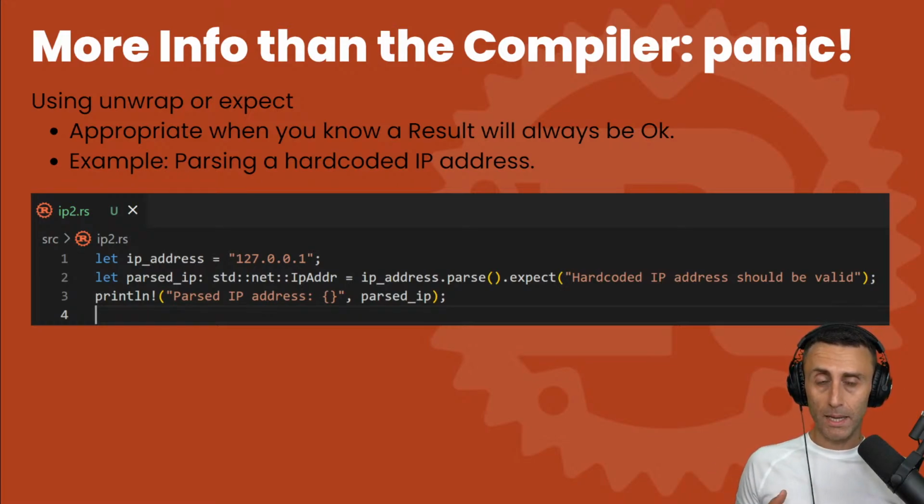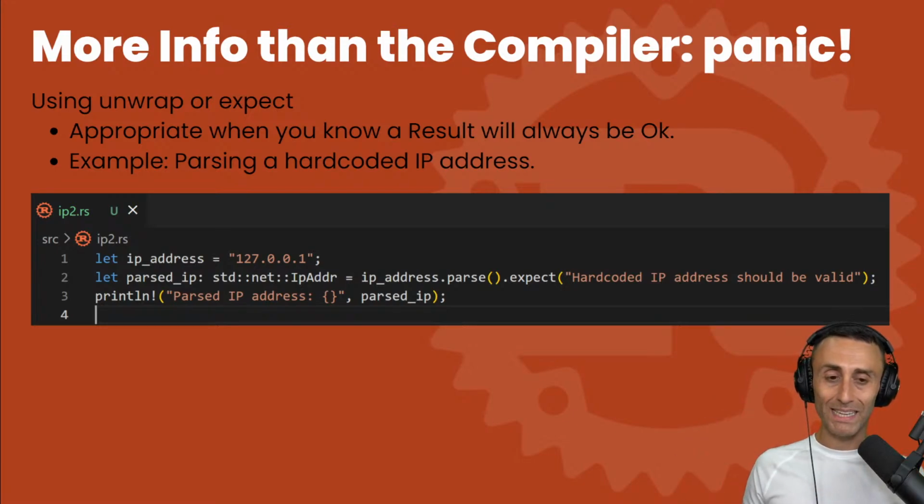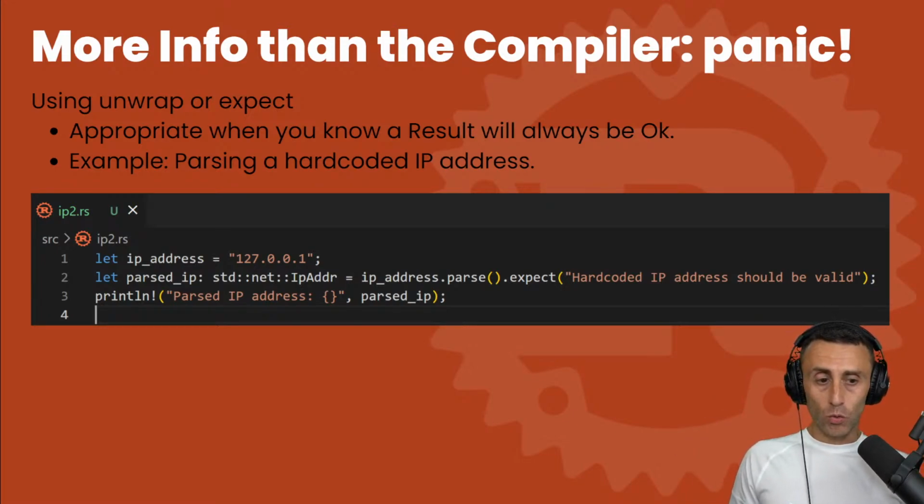Another use case might be that we are reading from a configuration file and we know that this configuration file should be there. So if the configuration file is not there, probably something happened, I don't know, in the deployment, or it has been deleted by someone. So in those cases, we probably want the code to stop executing.